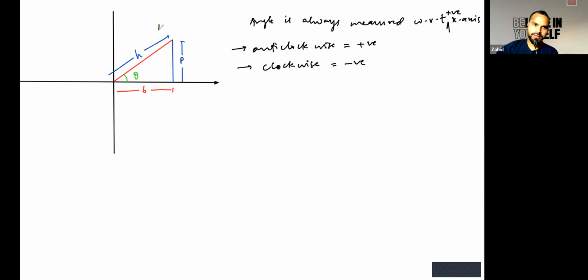So you can say all are positive in this first quadrant. The values of all trigonometric ratios would be positive. Is it clear, Fawaz?